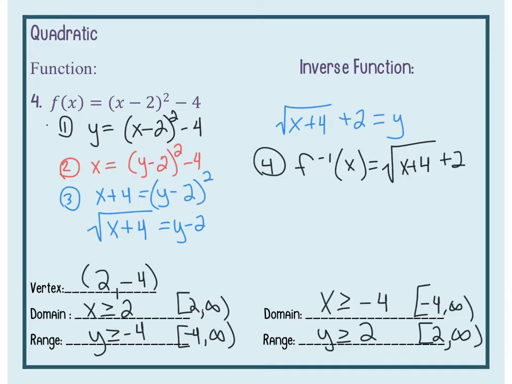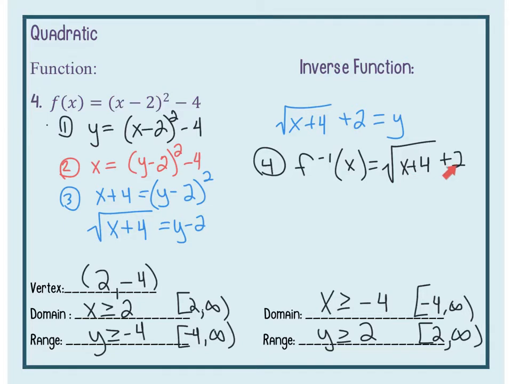Okay? Hopefully you got all this on your own. Again, remember, my domain is H and K. And the graph is facing up because the A value is 1. So H is a positive 2 and K is a negative 4. So my domain, because the graph is facing up, is x is greater than or equal to 2. And y is greater than or equal to negative 4. So remember, H and K. Let's look at our inverse.